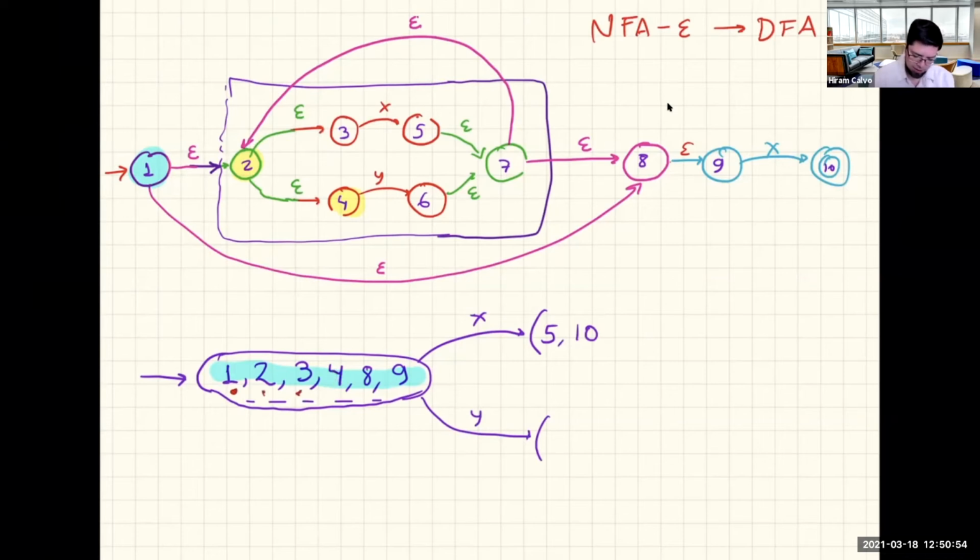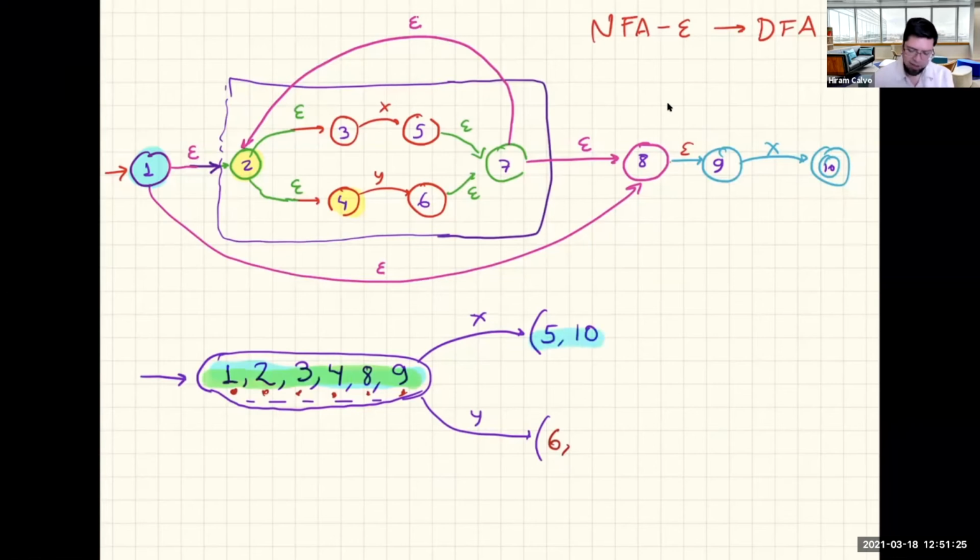But what about 4 and Y? 4 and Y takes me to 6. Then it means I will add 6 here. Good. 8 and Y, nothing. And 9 and Y, nothing. Okay, then it seems we are done with this state. We change it to green color. Now I have to work on the other states.